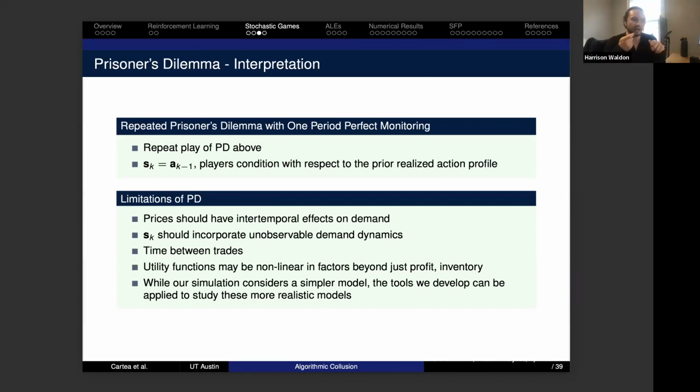But really, the state should probably incorporate more information and at a longer time scale than just the previous action profile, as well as exogenous shocks to the system. And we abstract away from this.